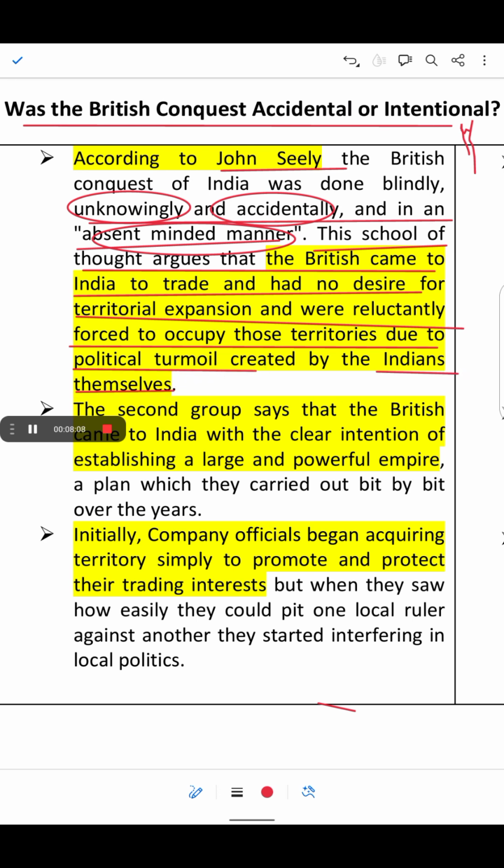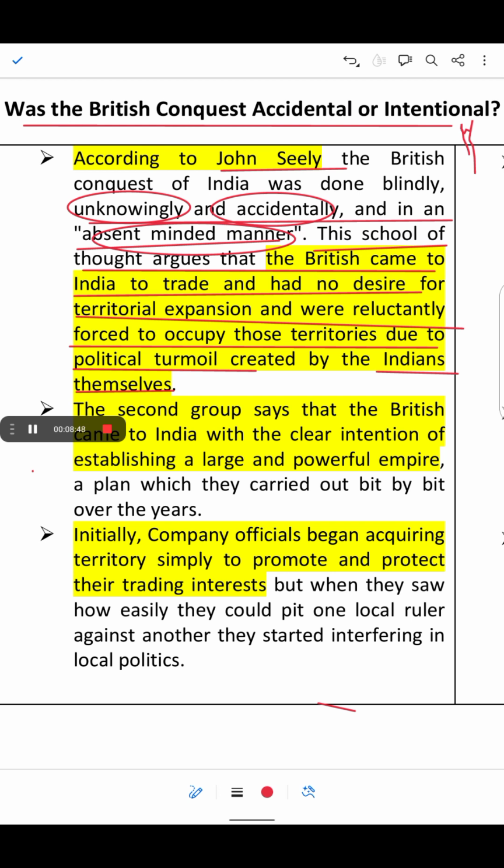But the truth is that they started interfering in the local administration, and further by fortifying and then by forcing to trade duty free, custom free, and finally by defeating the Nawab of Bengal in the Battle of Plassey in 1757, started acquiring the territory and would get the Diwani rights as well. Okay. So this was the thing.